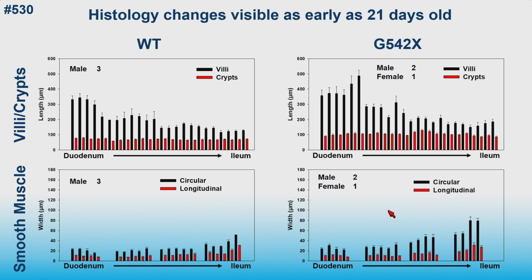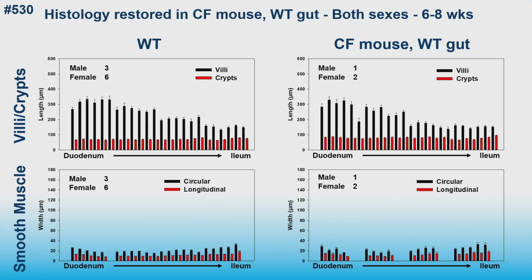And what is more telling, the mice that were CF mice where CFTR has been restored to wild type for the intestinal epithelium look exactly like wild type. So there is no change in crypt length or in the increase of the circular layer.